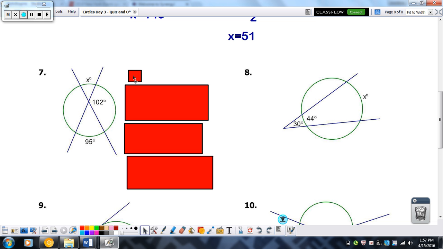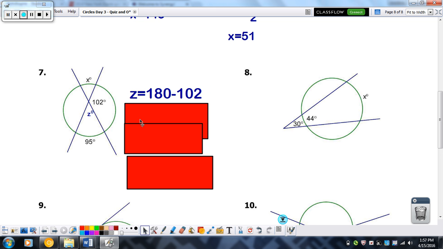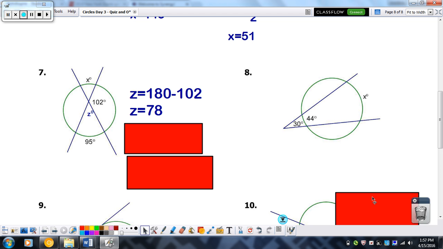So I'm going to put a z over here and say this angle is z degrees, because then I can deal with that. Hopefully I remember back, and I see that this angle that's 102 degrees and this angle that's z degrees form a linear pair. And we know linear pairs are supplementary. So that means that z is going to equal 180 minus 102. So z is 78 degrees.